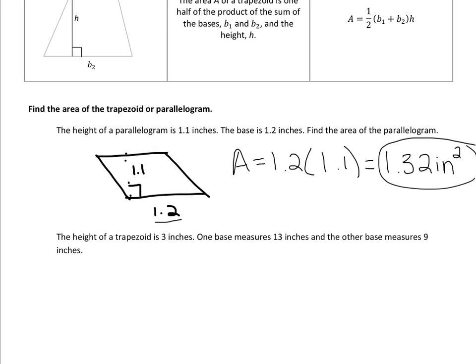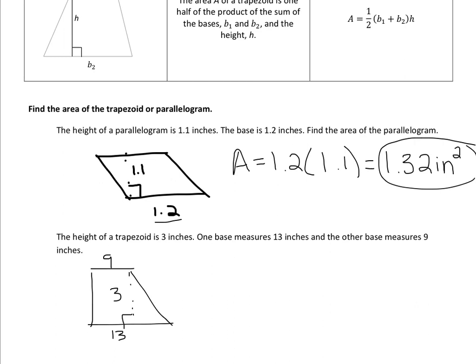Now this time we have a trapezoid. So once again, if we go ahead and draw a picture, it doesn't have to be perfect, just kind of get the idea. I have a height of 3 inches. One base is 13 inches, and the other base is 9 inches. So I'm given all the information I need. Remember this formula up here.